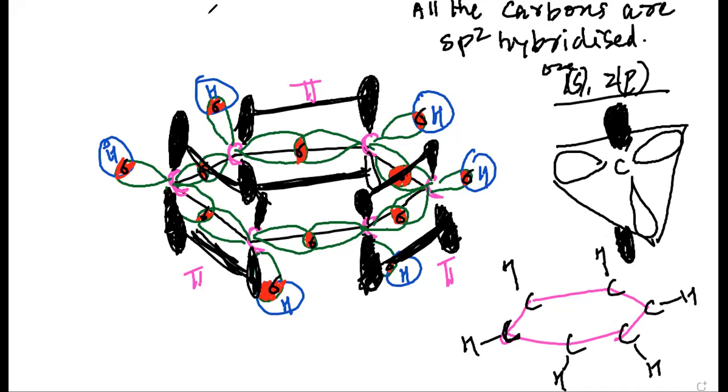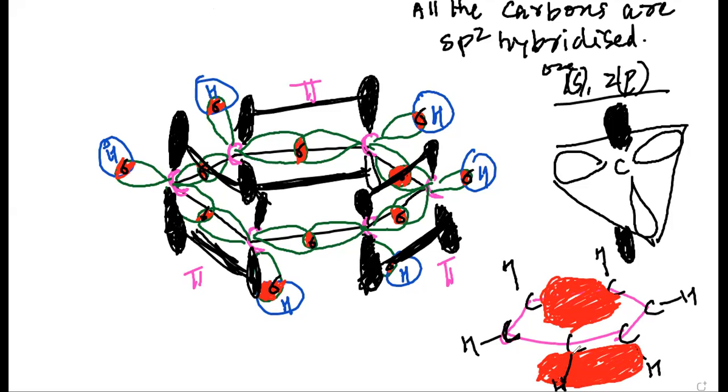But my dear students, it is also noted that above this plane there is a pi electron, and under this plane there is a pi electron. You can see that there is a pi electron cloud above this plane, and there is a pi electron cloud under this plane. It's easy for you to see, my dear students, that there is a pi electron cloud above and under this plane.